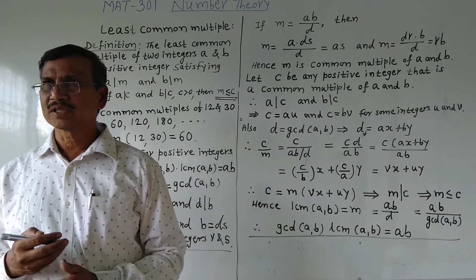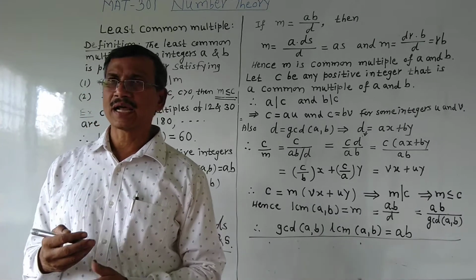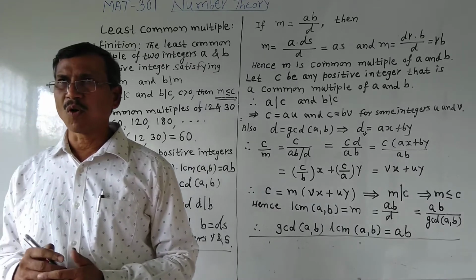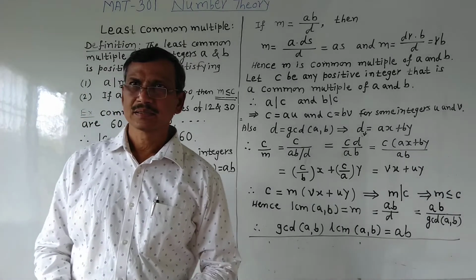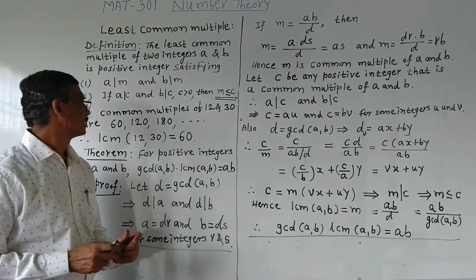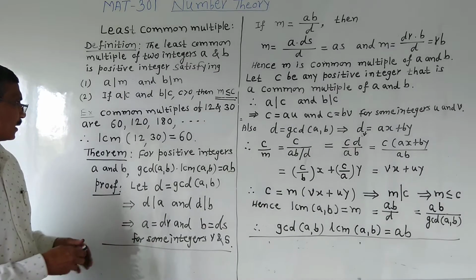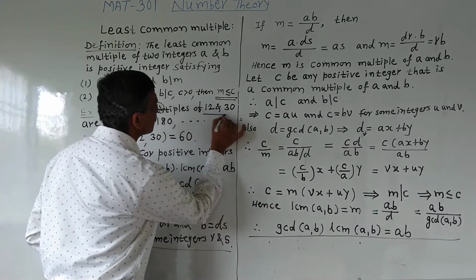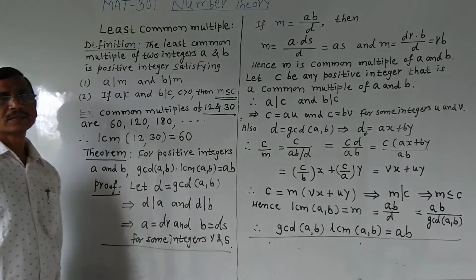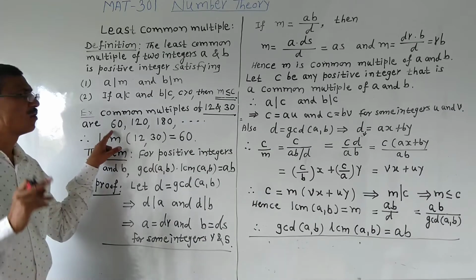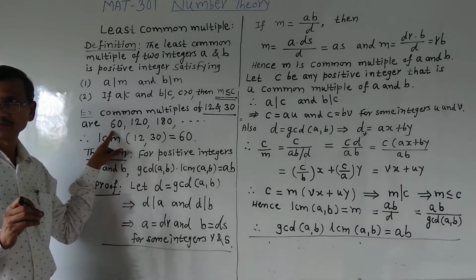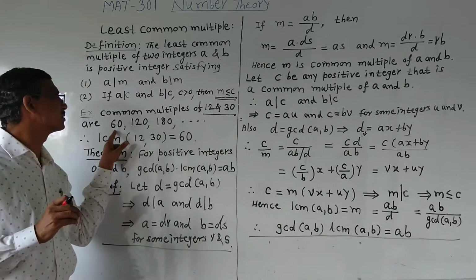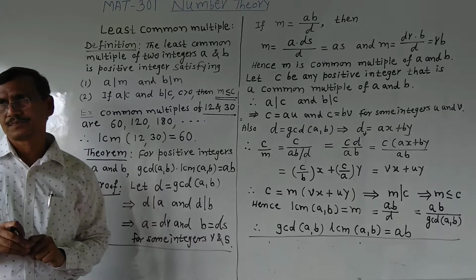Then going further and verifying, we can observe that 60 is divisible by both 12 and 30. We have considered two non-zero integers 12 and 30, and we can observe that the first integer which is divisible by both 12 and 30 is 60.